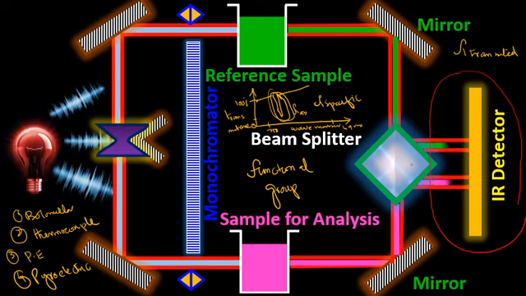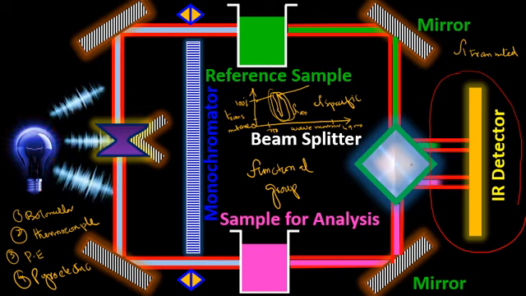When the transmitted infrared radiation is detected by the detector, it is interpreted by a readout system in the form of a spectrum, which is known as the IR spectrum.